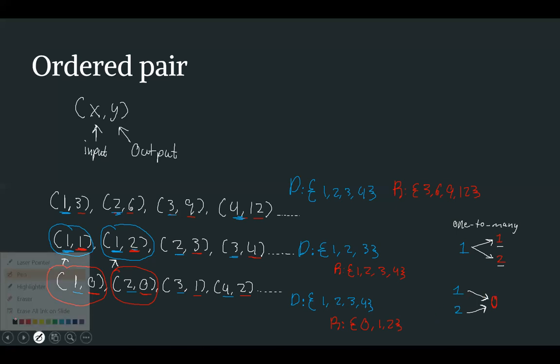So as you can see, 1 and 2 have the same output, which is 0. So 1 comma 0 and 2 comma 0. So this means this is a many to 1. This is a many to 1 diagram.